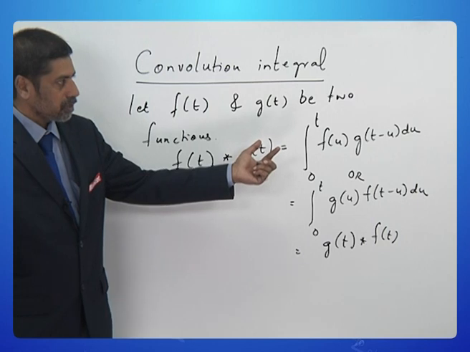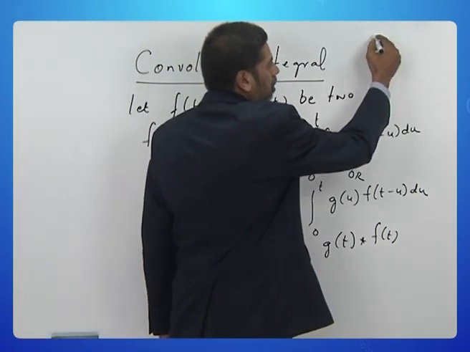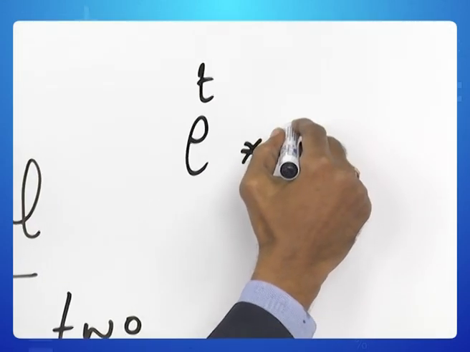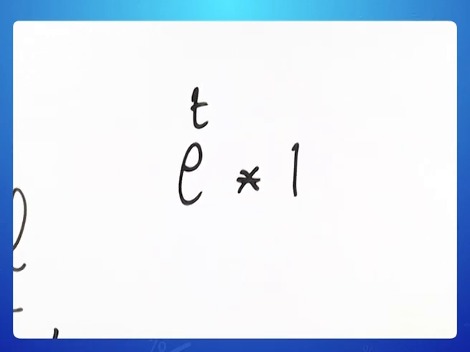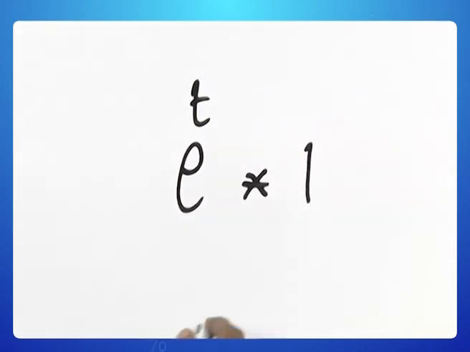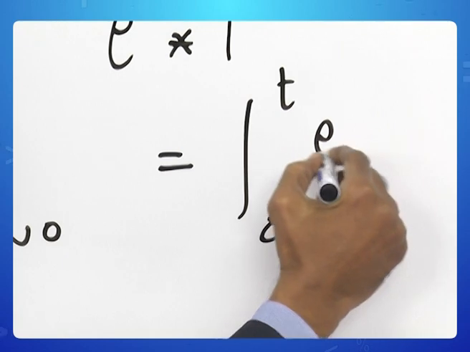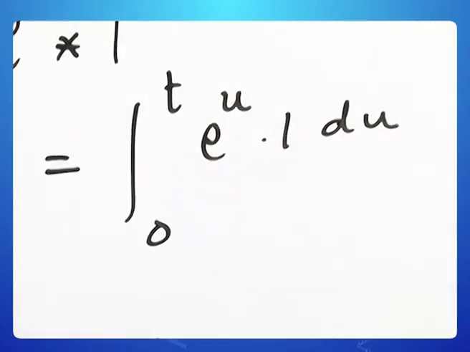For example, if you want to calculate e power t star 1, so that is a convolution of two functions e power t and 1, you can evaluate this as integral 0 to t e power u into 1 du.